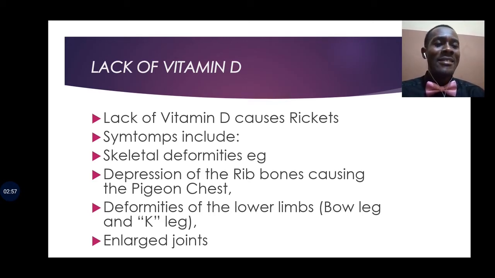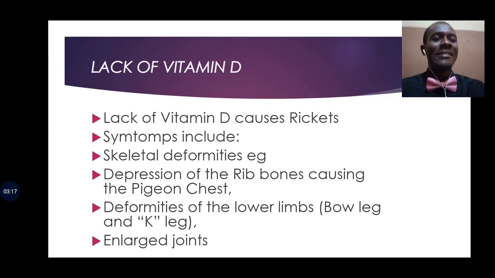Lack of vitamin D causes a disease called rickets, which is a very terrible disease. And what are the symptoms of rickets? The symptoms include generally what is known as skeletal deformities.